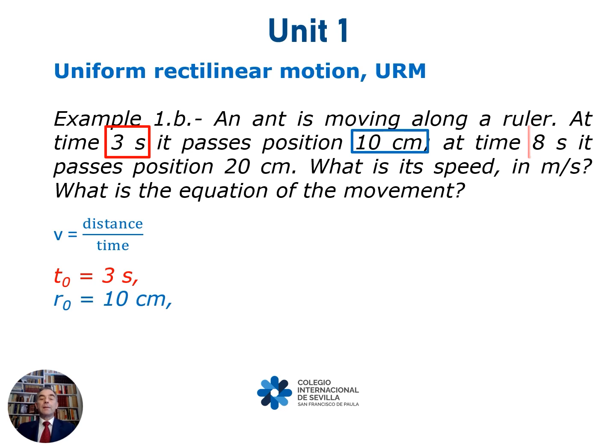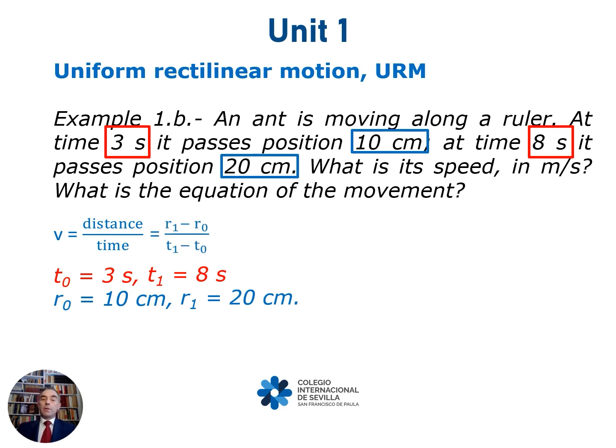And then at time 8 seconds, which is time 1, it passes position 20 centimeters, which is position 1. Now we can calculate the speed because we do have the final position R1 and the initial position R0, and we know the time at which we reach the final position, which is T1, and we know the time at which the ant was at the initial position, which is T0.